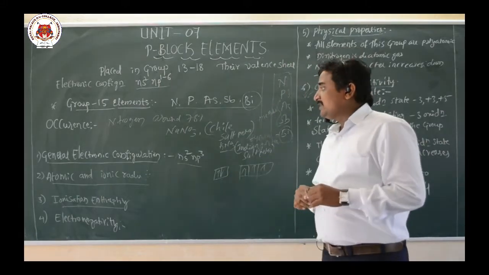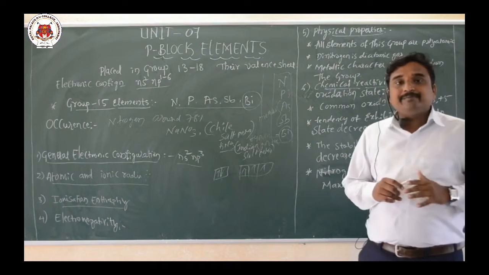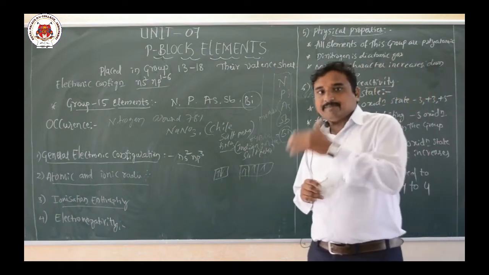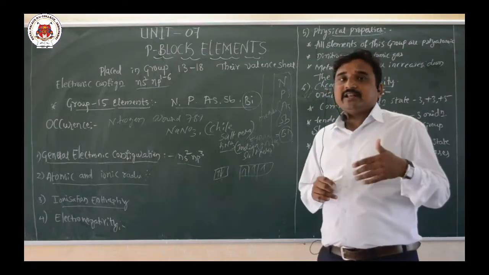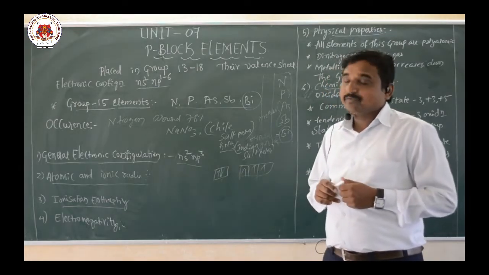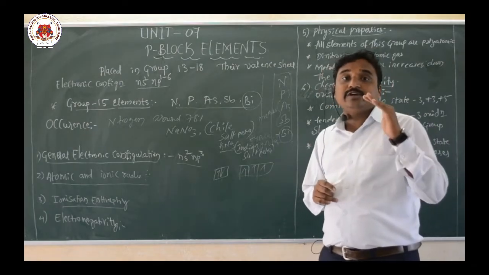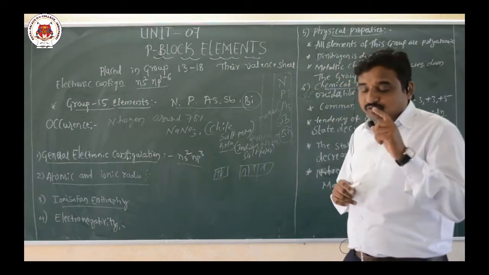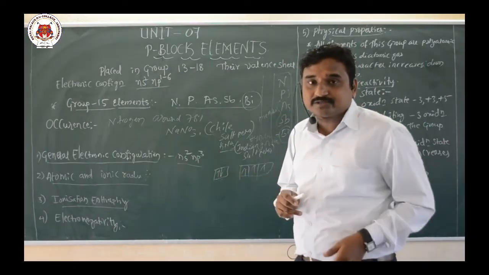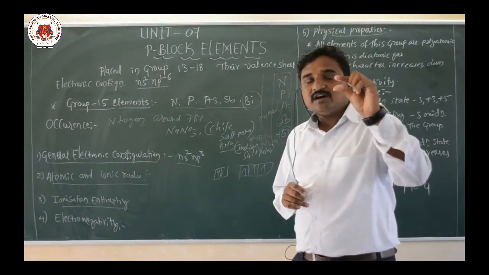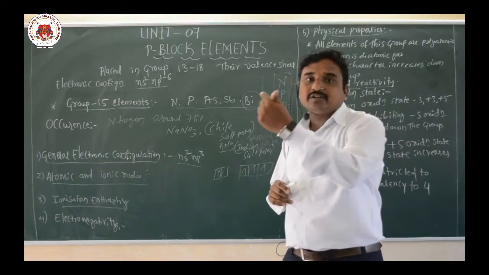In the periodic table, when we move along the period, left to right, the atomic and ionic radii go on decreasing. Because of the increase in the effective nuclear charge, the force of attraction between the nucleus and the outermost electrons increases, and automatically the size of the atom decreases along the period.